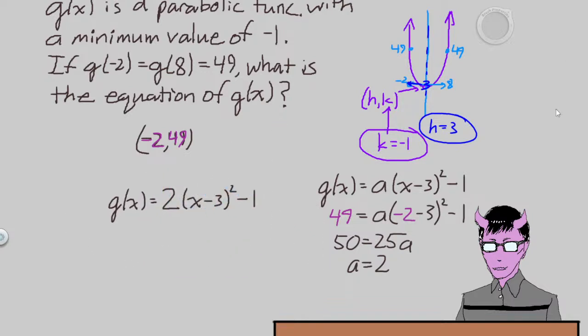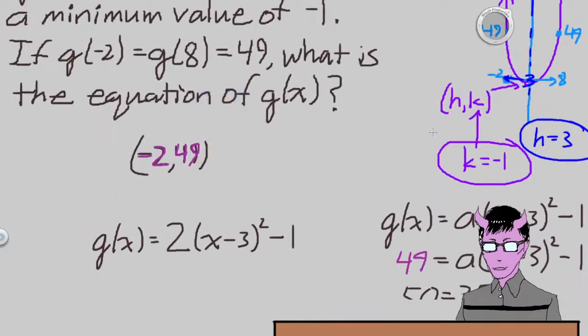Should we follow form and just do a quick test? We probably should, so let's do it real quick. We used this point to generate the a value, so let's use this other point to test our hypothesis. If x is equal to 8, then the y value should be +49.